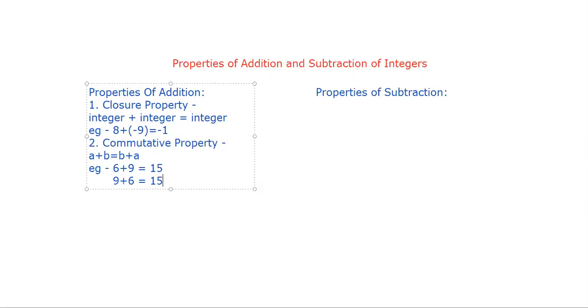This commutative property is for addition. So this shows that 6 plus 9 is equal to 9 plus 6. I think you have understood it.